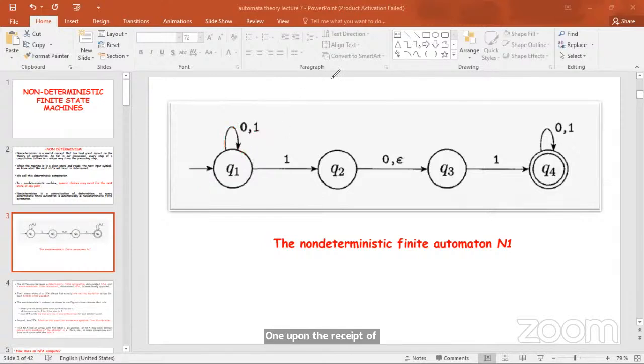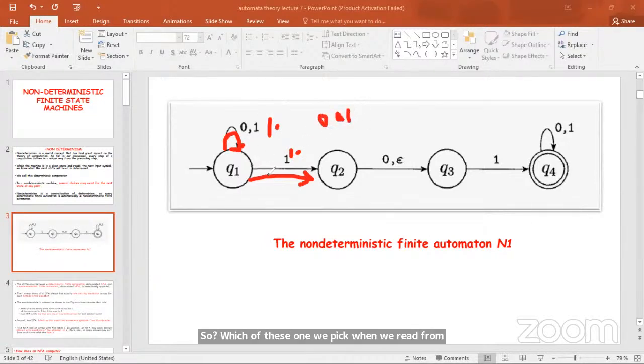But something is strange. You have this having 1, and you have another one running out of here as 1. So which of these 1 do we pick when we read from a set of symbols and we read 1? Do we remain here, or do we move to state 2?